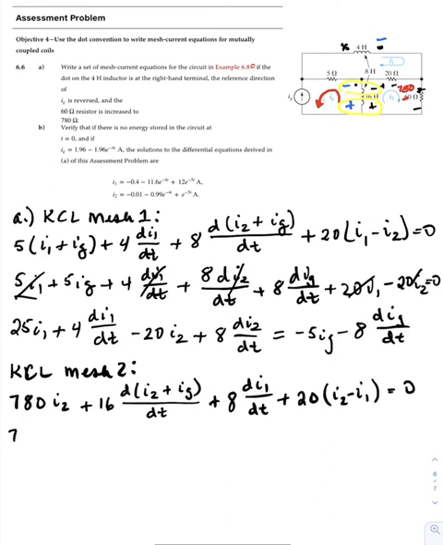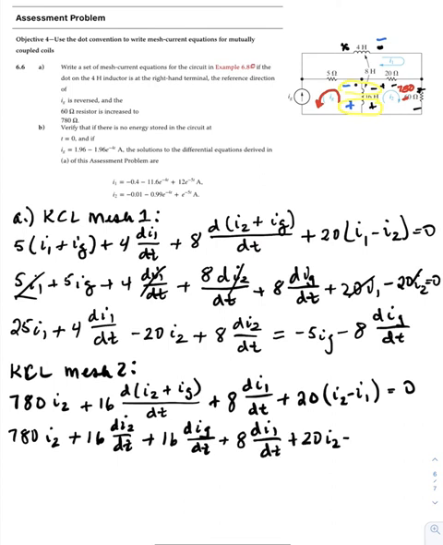So we have 780 I sub 2 plus 16 di sub 2 over dt plus 16 di sub g over dt plus 8 di sub 1 over dt plus 20 I2 minus 20 I sub 1 equals 0.